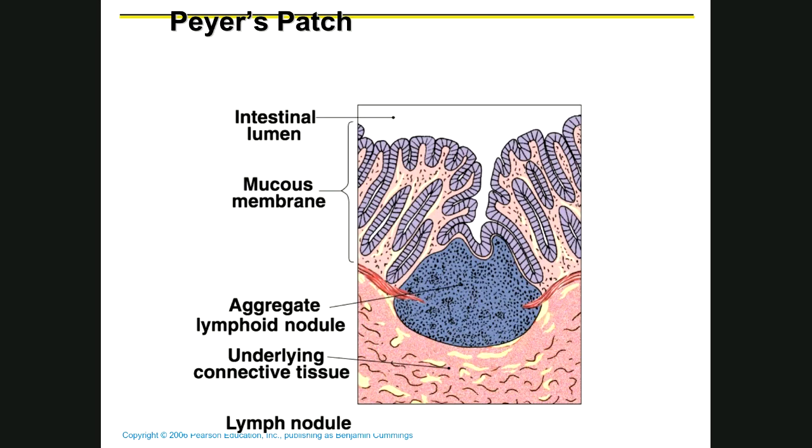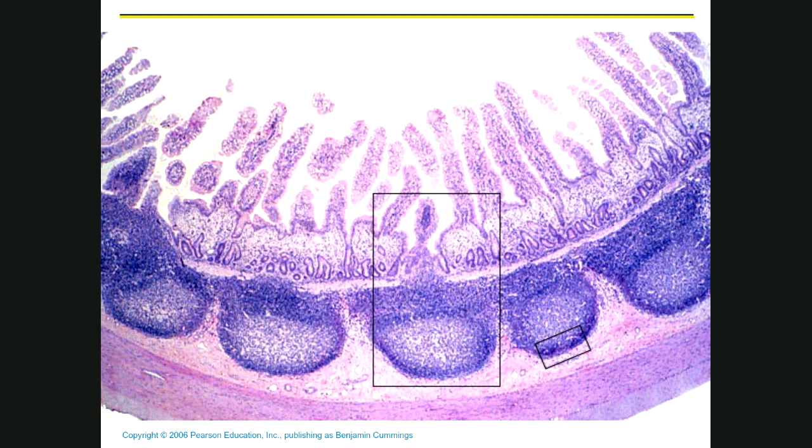So if you look at the wall of the intestine, here's the wall of the intestine. Now here's where the foodstuffs are and where the bacteria are. So all along the wall, we have Peyer's patches. And so they're exposed to the foodstuffs. And look, that's a Peyer's patch, and that's a Peyer's patch, and that's one, and so on. And so there's hundreds of them in the ileum. And so out here again is where the foodstuffs are, but it's also where bacteria and stuff are.